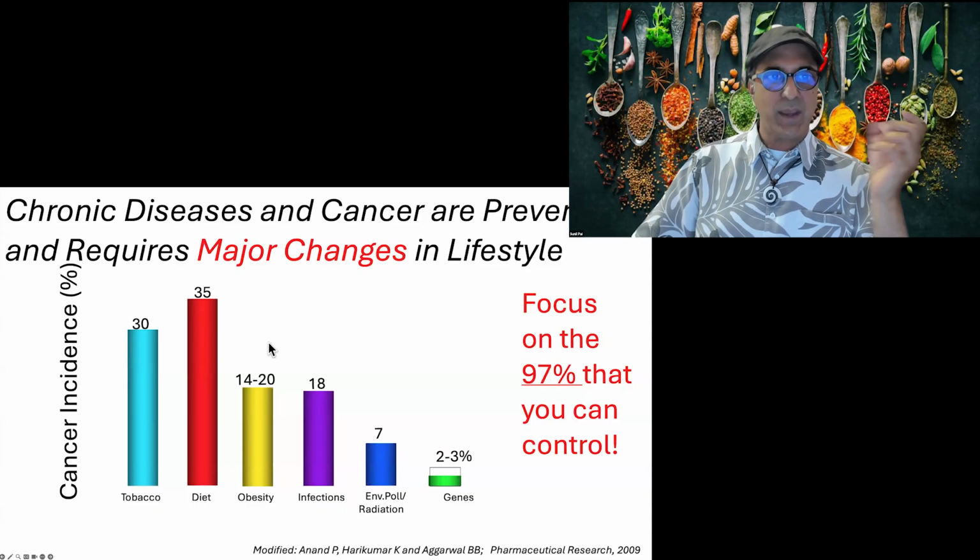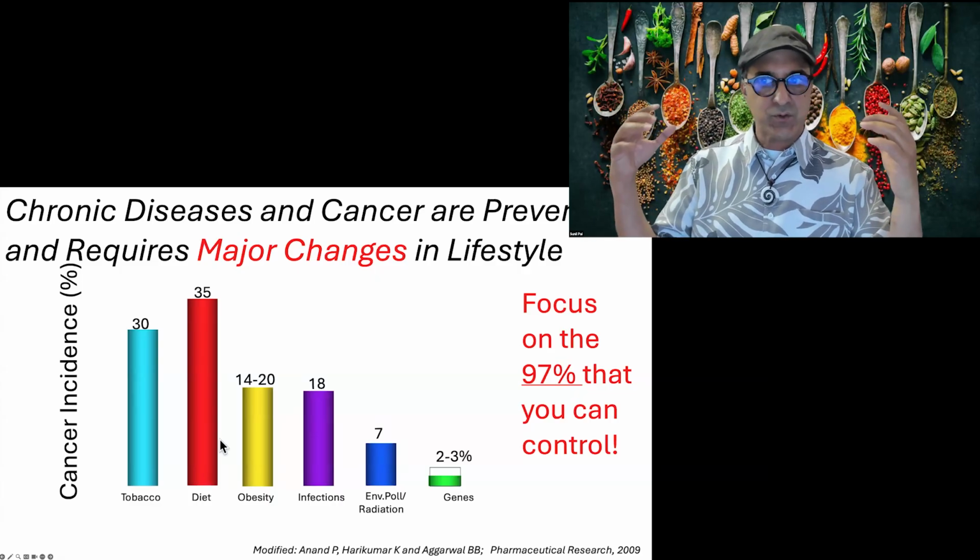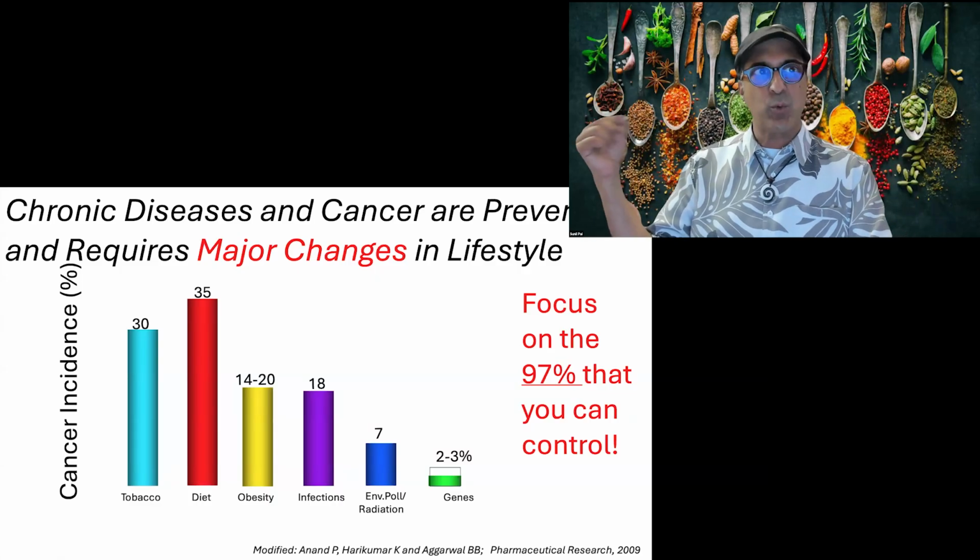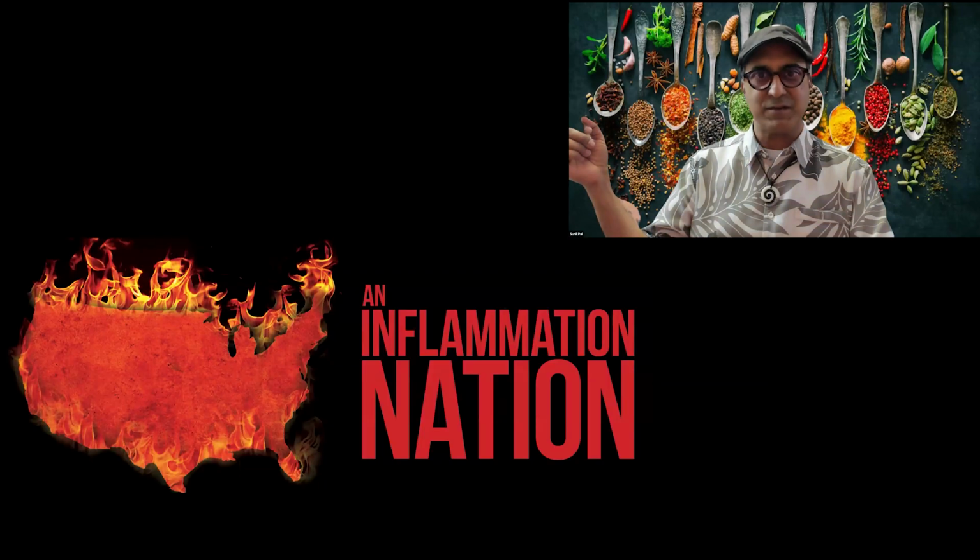We want to control our weight. Some of the things I'll talk about today, in terms of blood sugar and metabolic function, are key with that. Again, avoid tobacco use at all costs, and that includes even vaping. But diet is the largest contributing factor that we have, and an easy means to change. If we can change that along with these other factors, we can have better control of lowering our risk of chronic diseases and cancer.